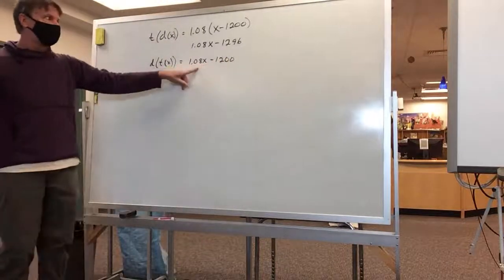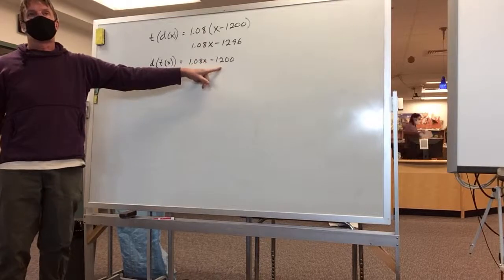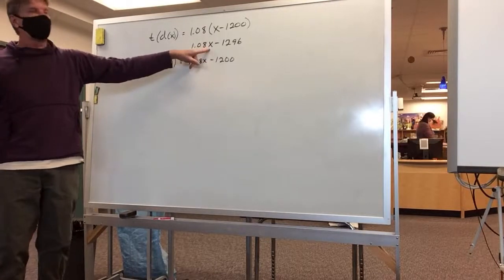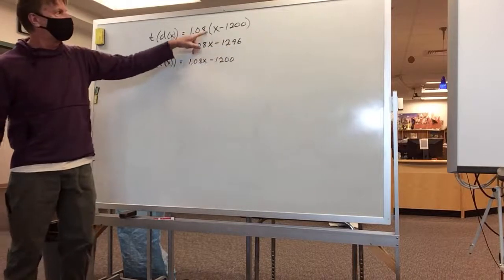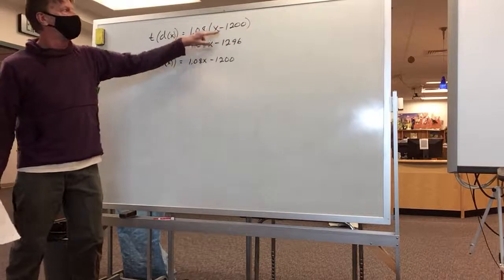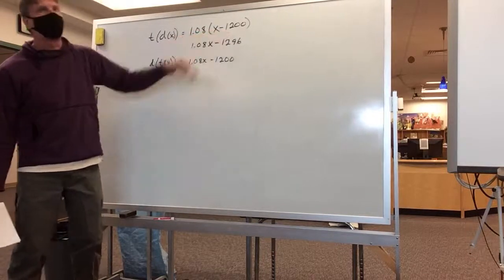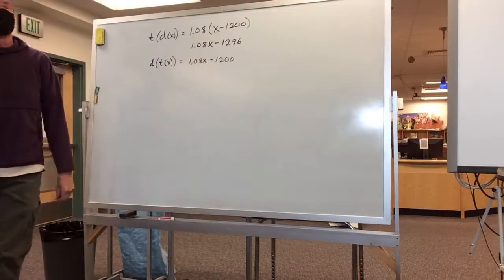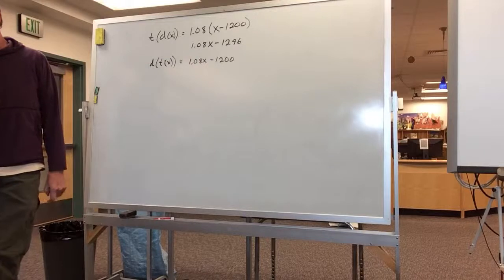You would pay the tax on the whole price of the vehicle, then take off $1,200, versus paying the tax on the whole vehicle and then taking off $1,296, because you get to take the discount first. So now this tax is actually on a smaller amount. So that's where your $96 difference comes from.